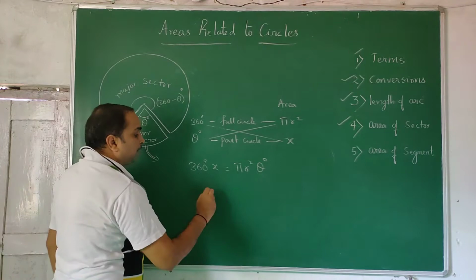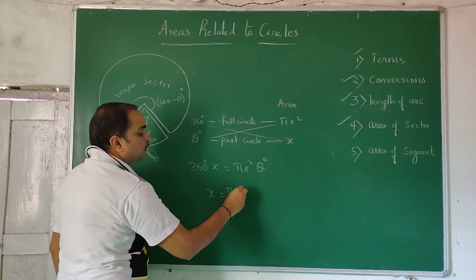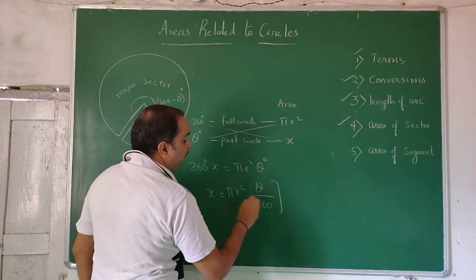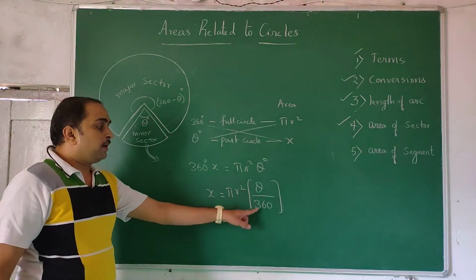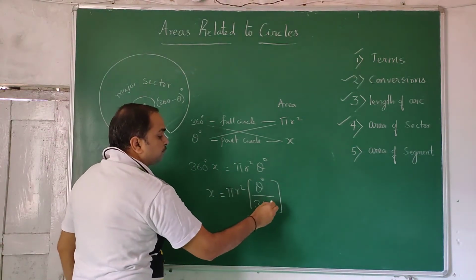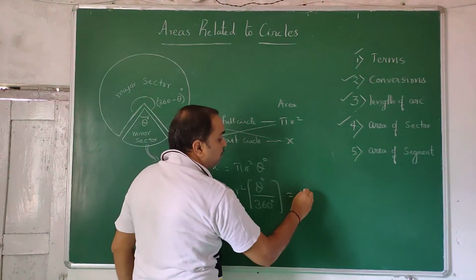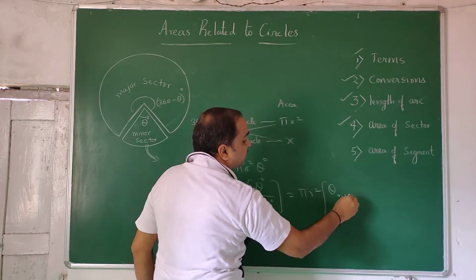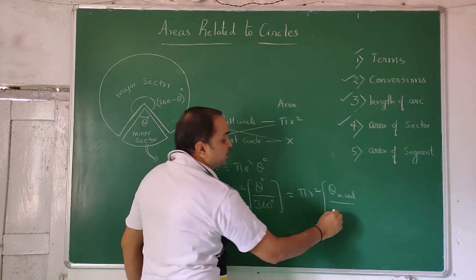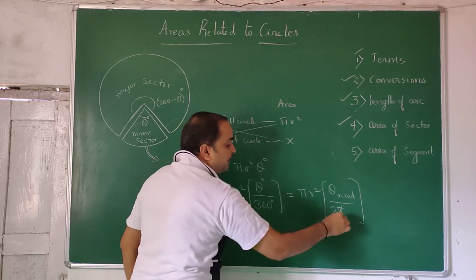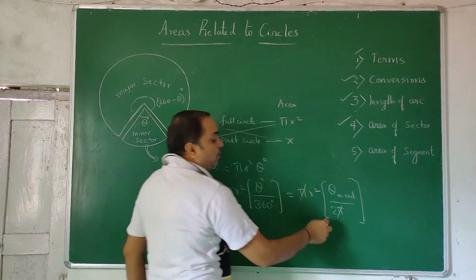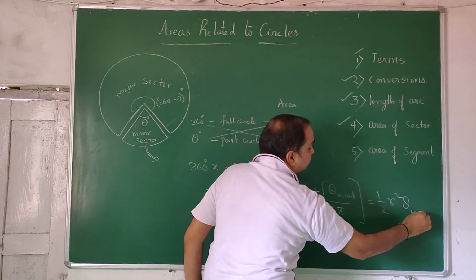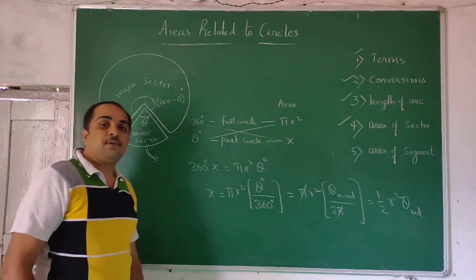So x is equal to pi r square theta by 360. Both of them must be in degrees. This is also equal to pi r square times theta in radians divided by 360 degrees, which is 2 pi. So this pi and this pi get cancelled. One by two: half r square theta in radians.